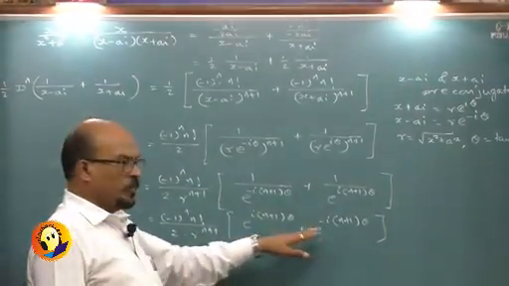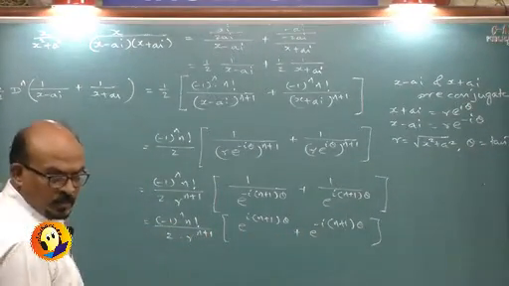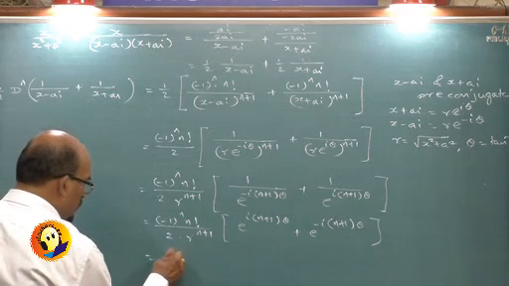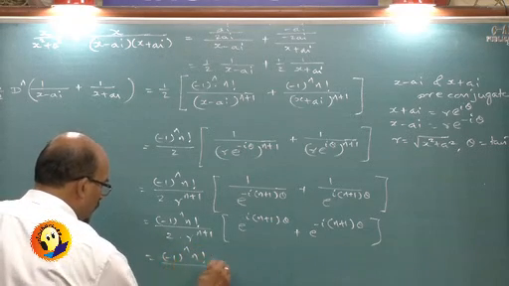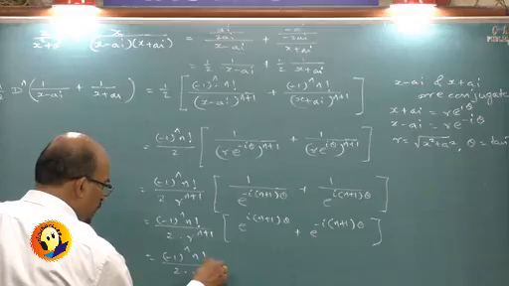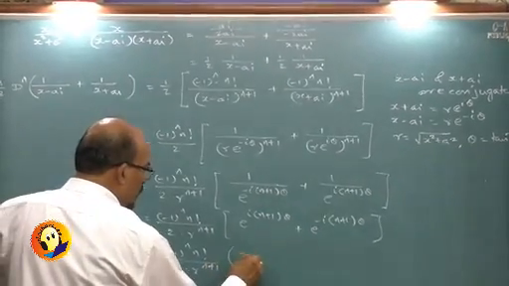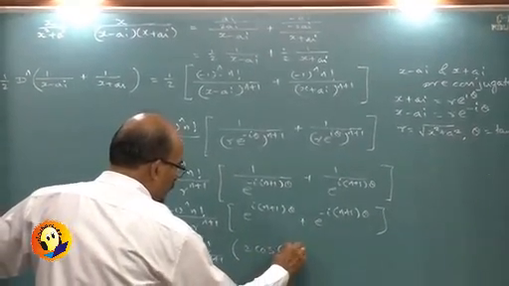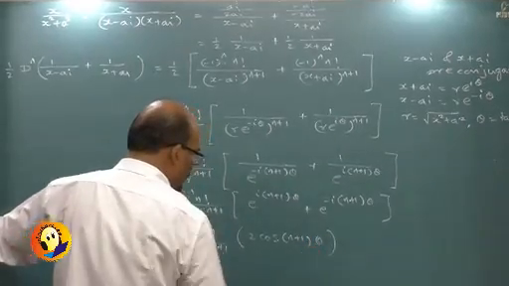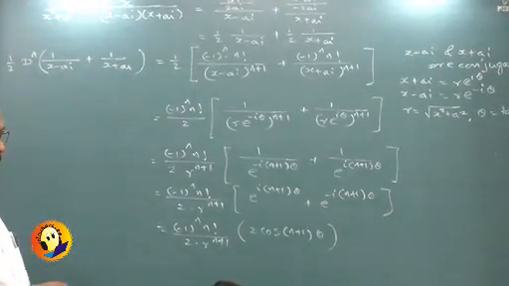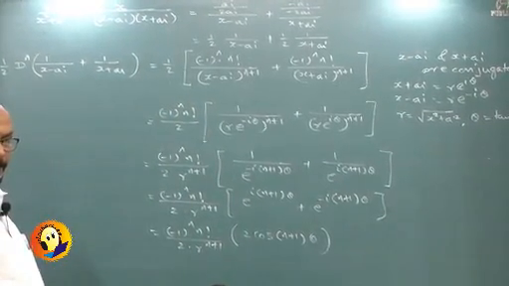So addition of conjugates will be 2 cos, right? So this will be minus 1 raised to n into n factorial upon 2 into r raised to n plus 1 into bracket 2 cos of n plus 1 theta, where 2 will cancel. Right?